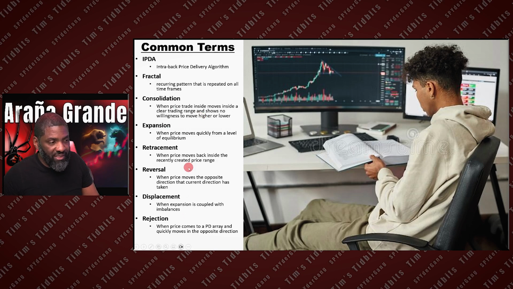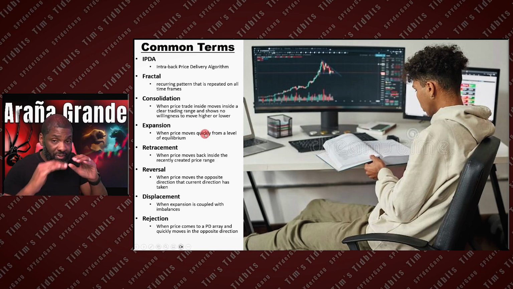Consolidation, right? Yeah, all of these are regular terms. Just a few of them have been ICT specific. Consolidation is when price trades inside a clear trading range and shows no willingness to move higher or lower, right? Expansion. Expansion is when price moves quickly from a level of equilibrium.